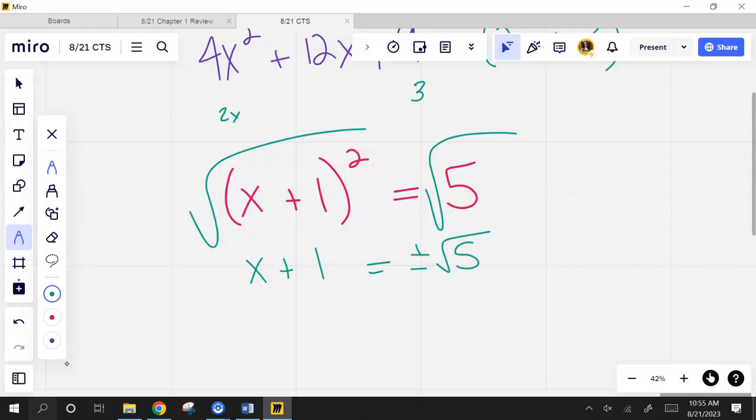So if there was a 4 here, that would become a 2 then once you ask. Yes, you can. Yes, sure. Yes. It would become 2 if you square root it. Or you could divide both sides by 2 first.